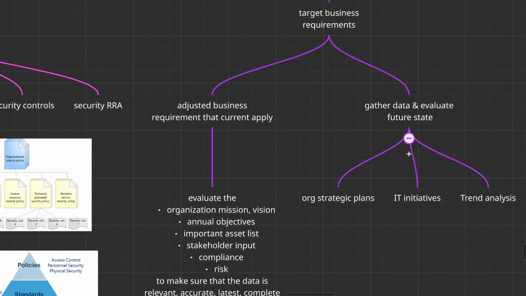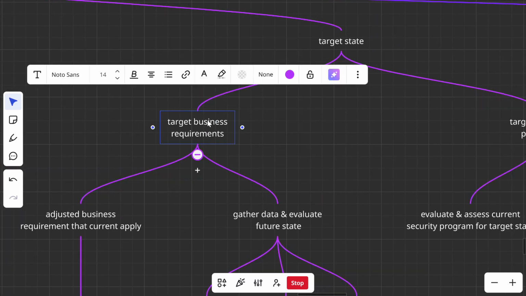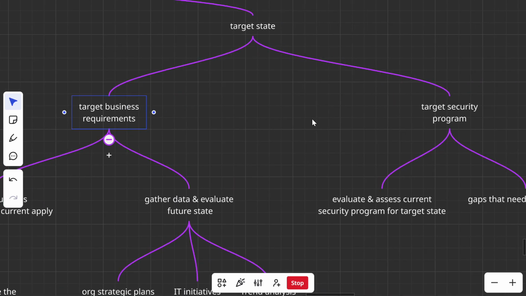We are going to implement some kind of AI project, so we have to prepare that in the business requirement. So it's what is important now, what will be important later. And these two things combine to create the business requirements. All right, so the target business requirements is done.